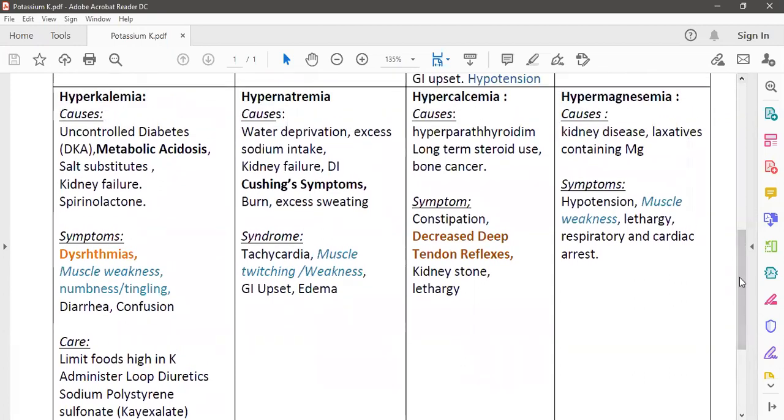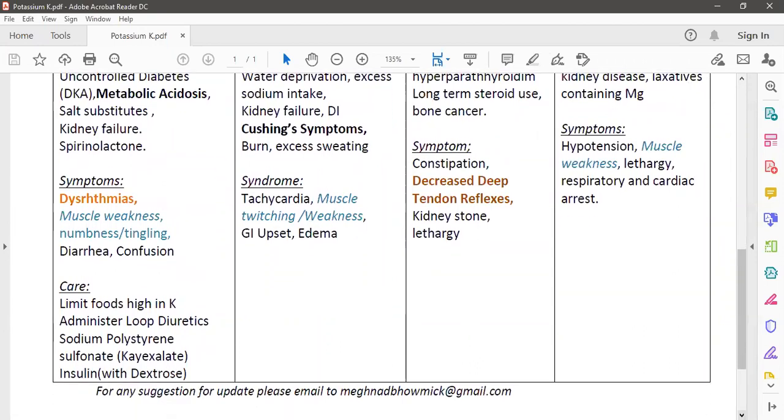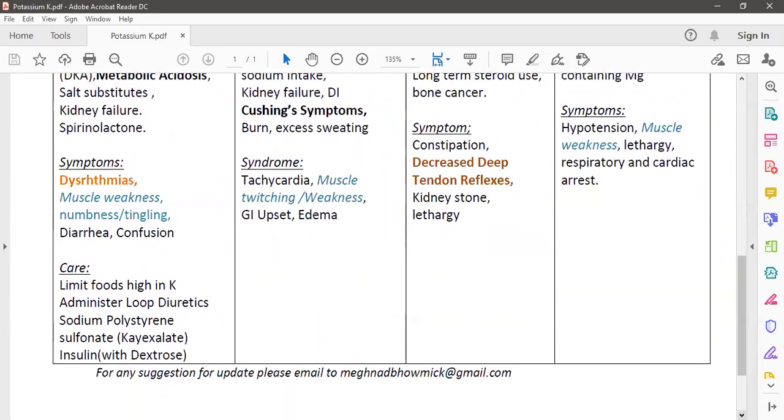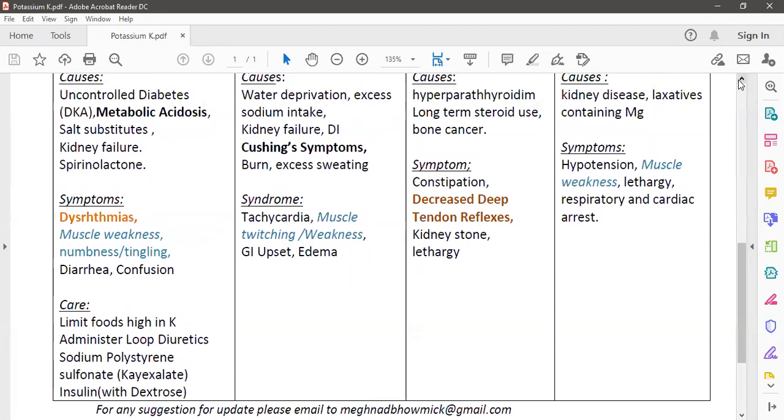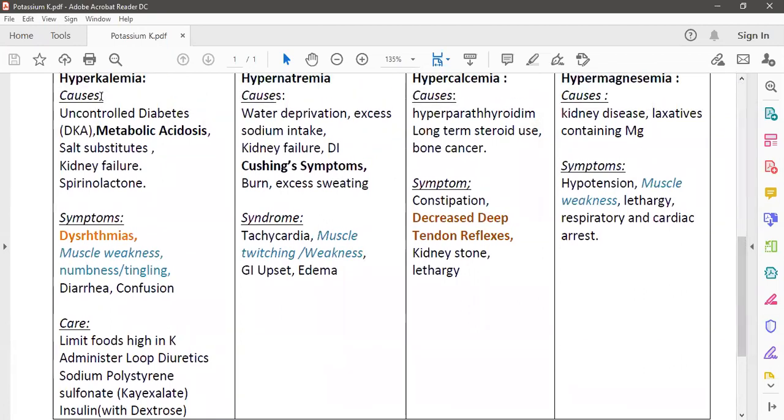So now the question comes, what is the care if my patient develops hyperkalemia? Limit foods containing high potassium, also administer loop diuretics, so the potassium is lost and it will be corrected.